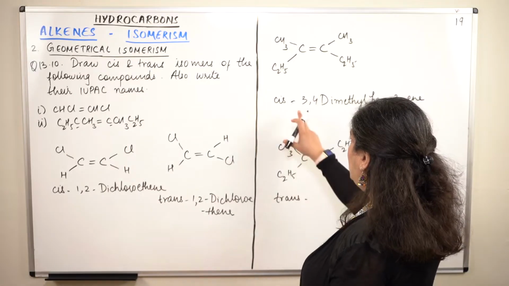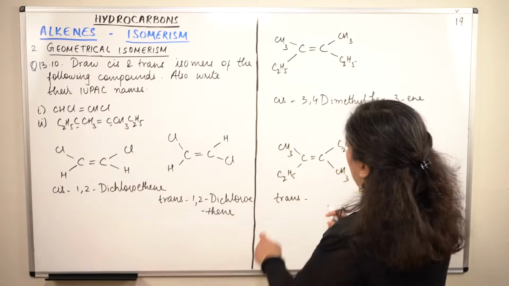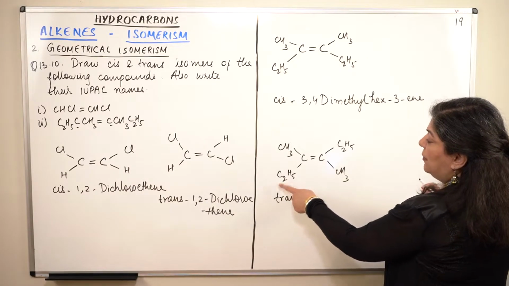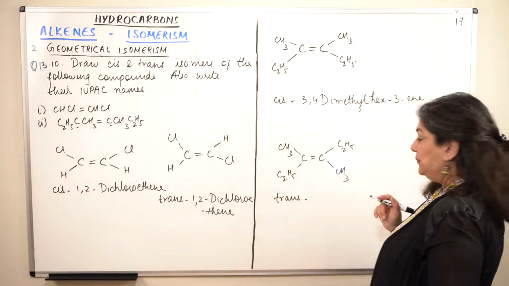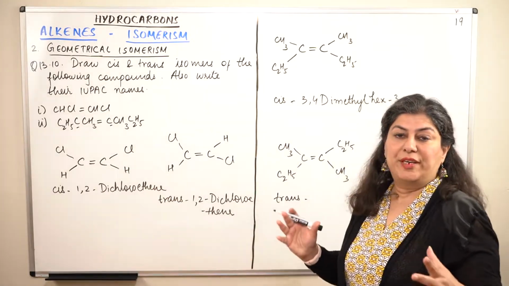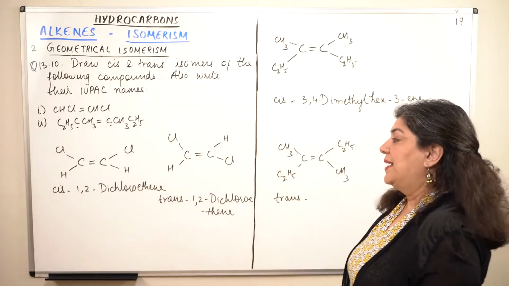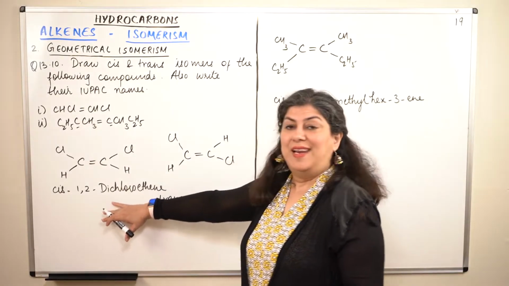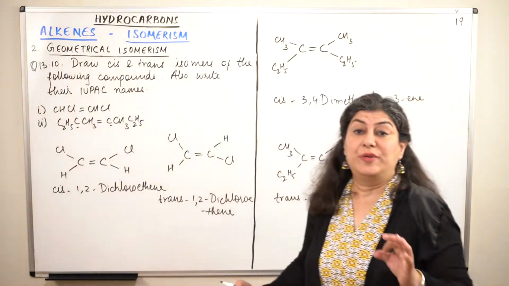And what will be the name of this compound then? It is just trans. The name is the same. Now the chain will be counted as 2 carbons, 3, 4, 5, 6. These 2 methyl groups are the branches. Whatever be the direction, you are still going to look for the longest chain. In cis-trans isomerism, the IUPAC name as such does not change except for writing down which isomer it is.